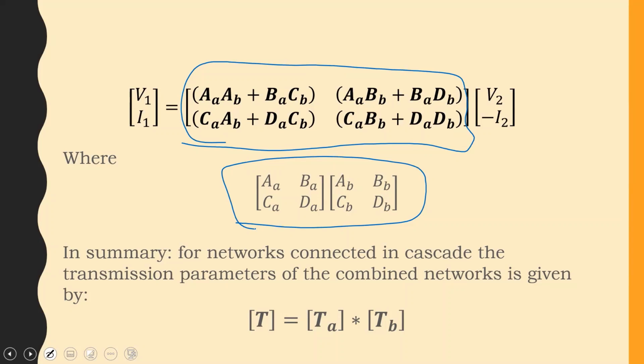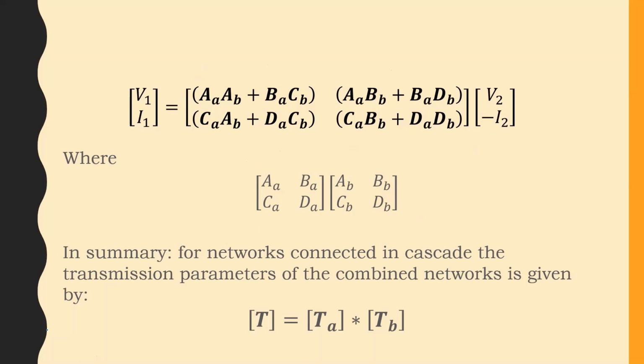So for a combined network, a network consisting of subnetworks in cascade, the overall transmission parameters would be equal to T, which is given by TA times TB.